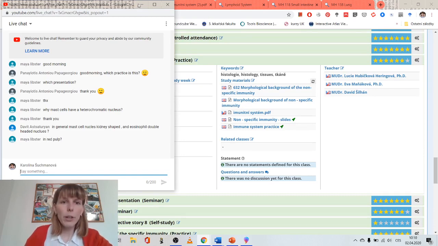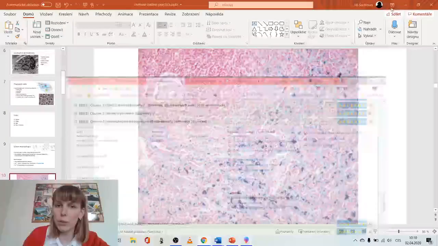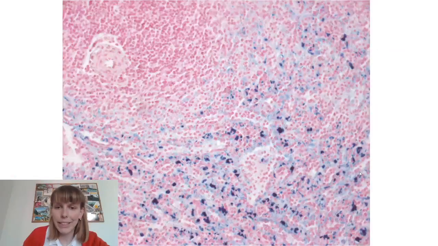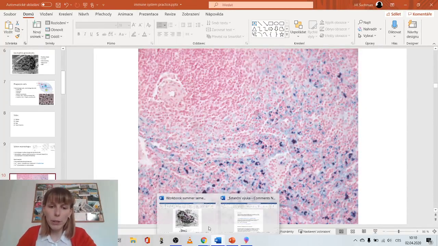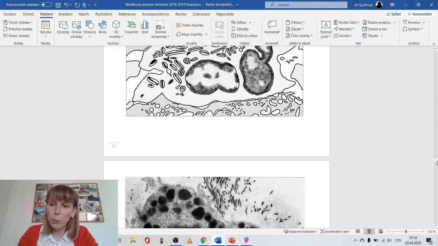Yes, and now we are talking about the macrophages, and they are in the red pulp. We will get to that later on. This is just so that you know that we have this special staining for macrophages. You have it in your workbook.